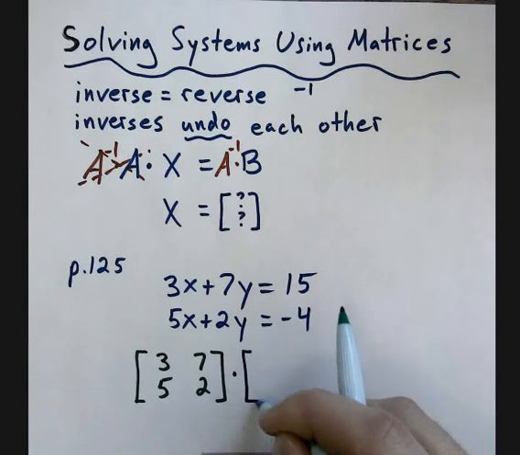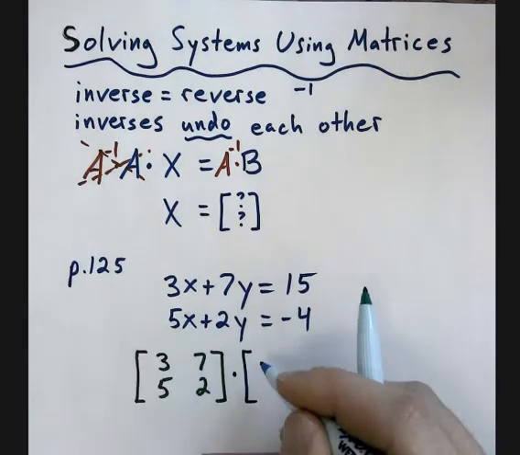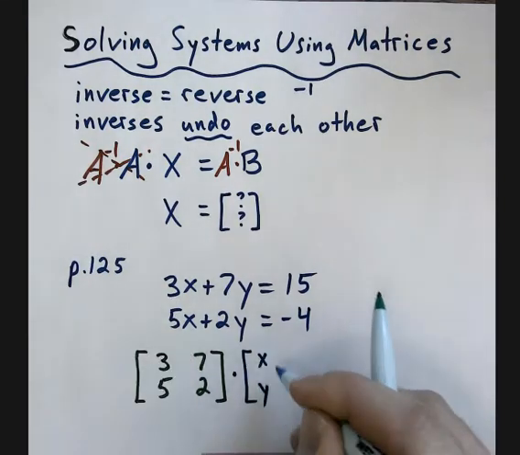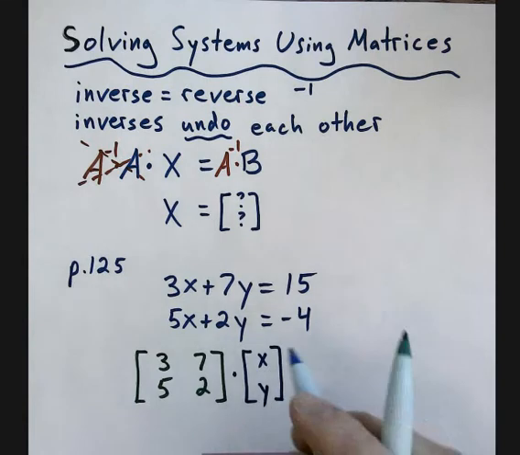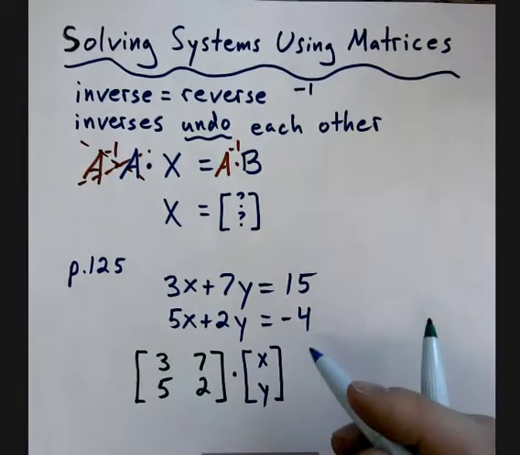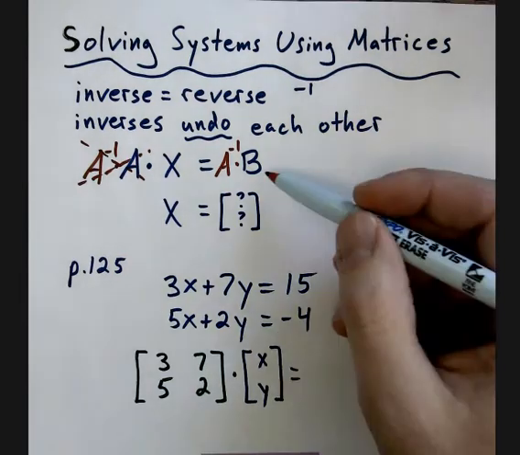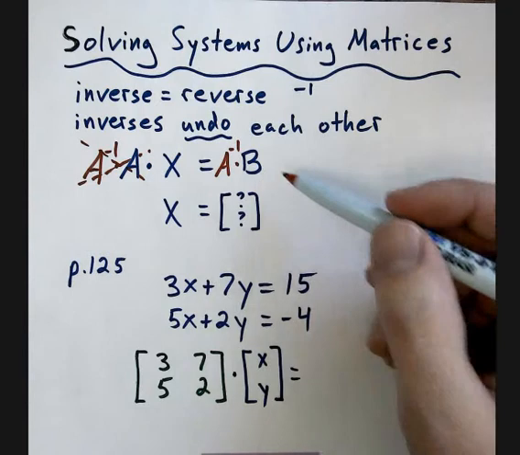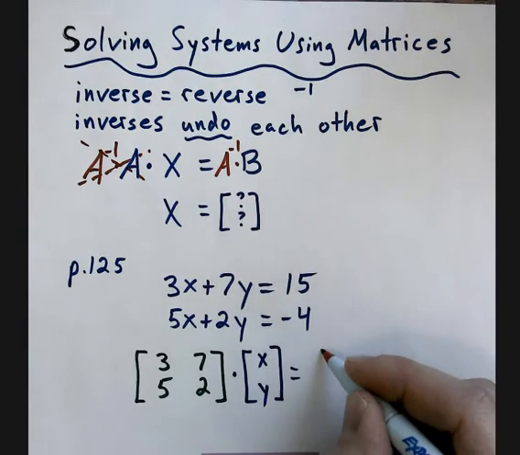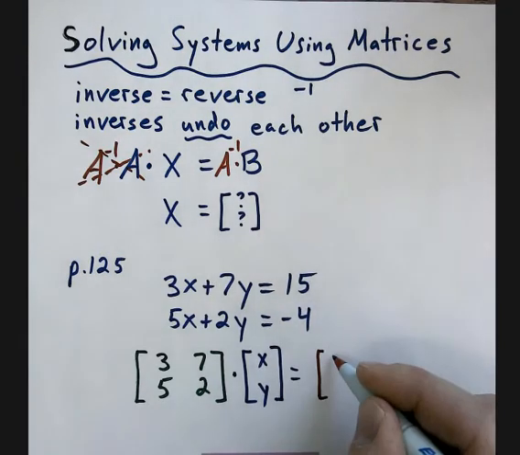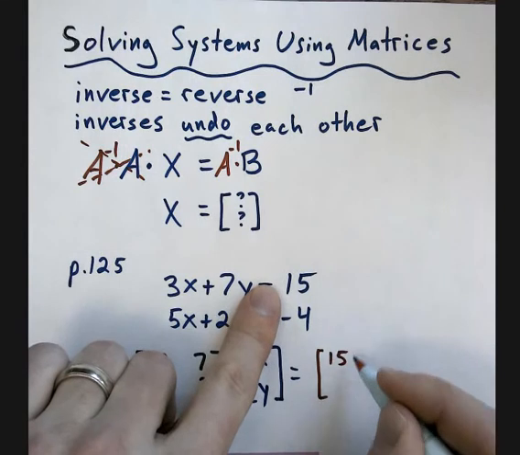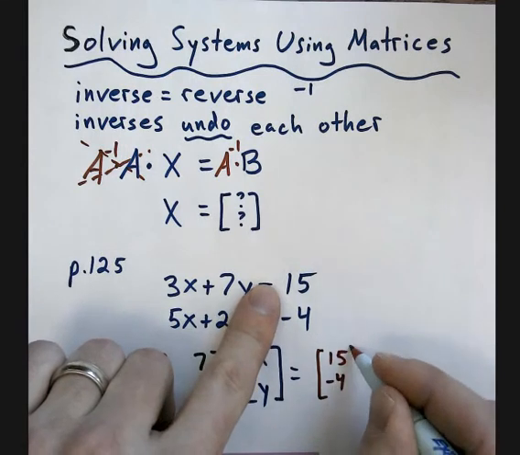In this case, my two variables are x and y. And it equals b, which is my constant matrix. So 15 and -4 are the values in there.